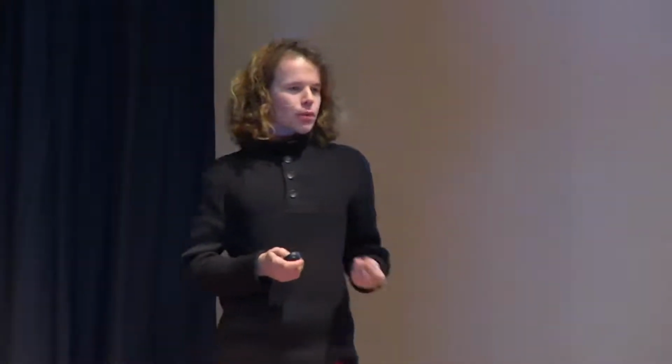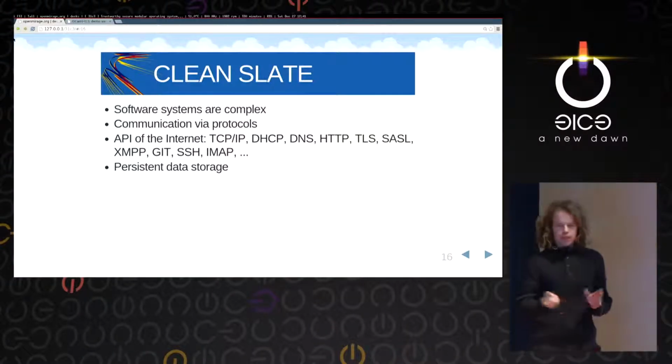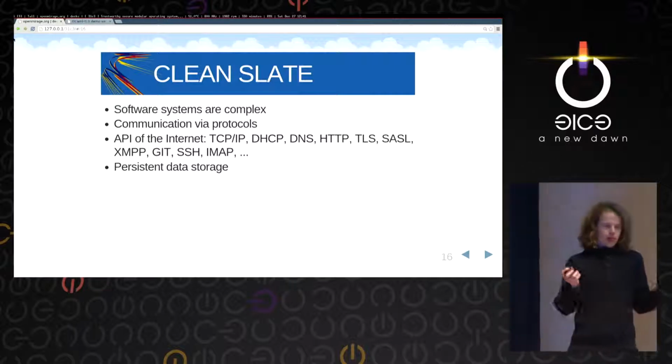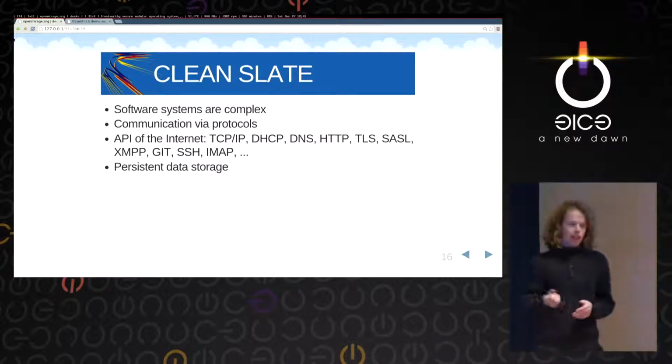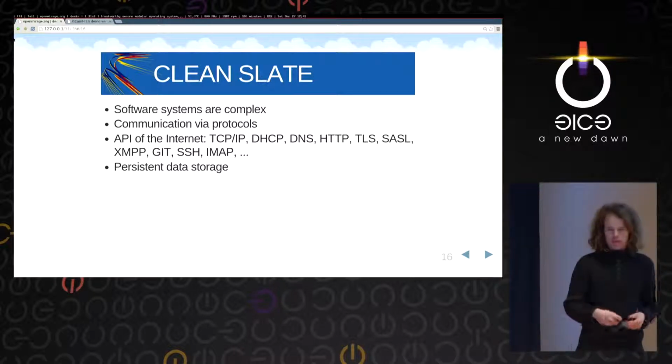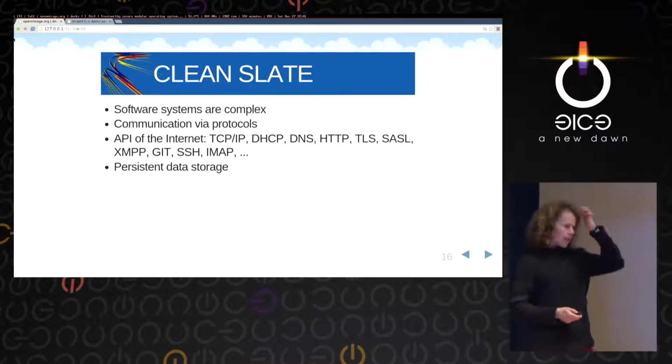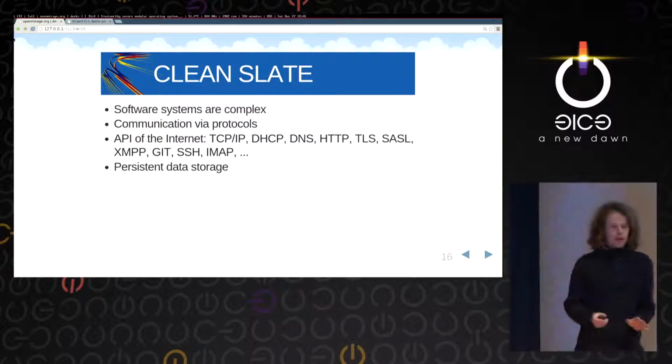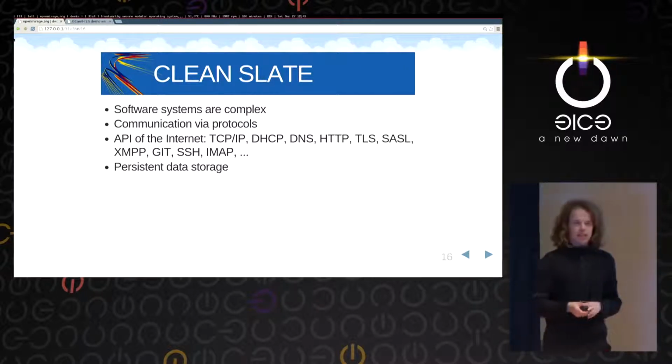So the API which we actually need to implement for a clean slate approach is the API of the internet, which might be TCP/IP, DHCP, DNS, HTTP, whatever. Some security, maybe TLS, SSL for authentication. Then maybe some Git, some SSH, some IMAP to communicate with the other peers, with the rest of the world.